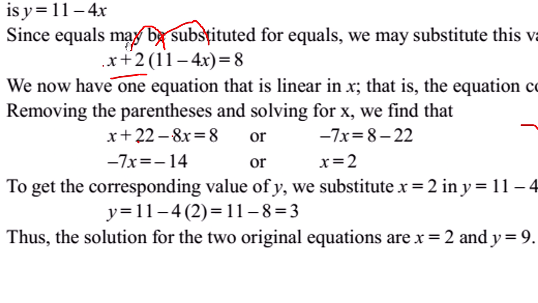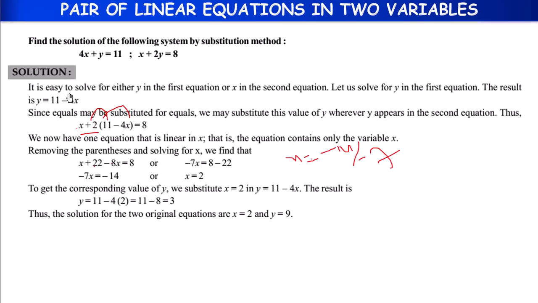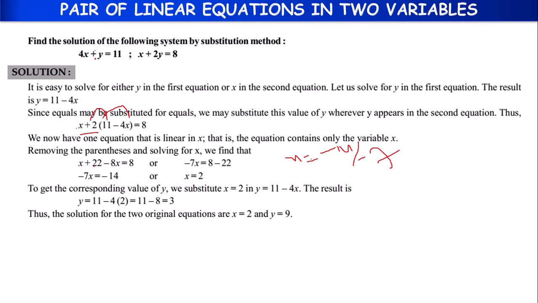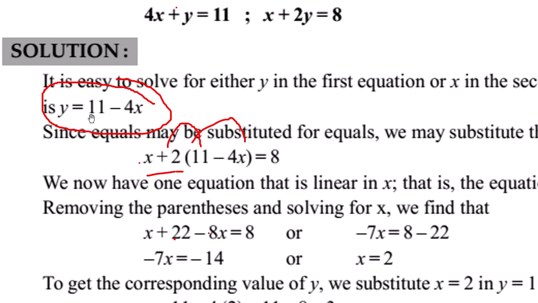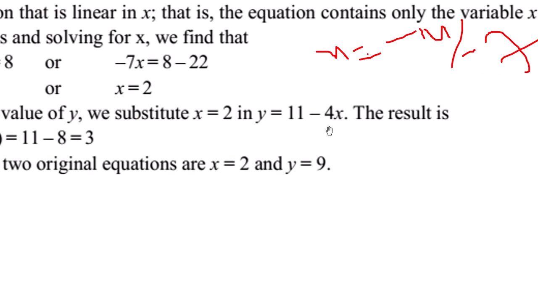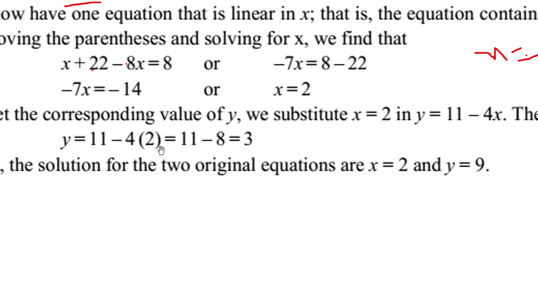For finding y, let's substitute this x equal to 2 in y equals 11 minus 4x, because we have already derived the value of y in terms of x from the first equation. So in 11 minus 4x, let's substitute the x value. 11 minus 4 into 2, 11 minus 8, that equals 3.